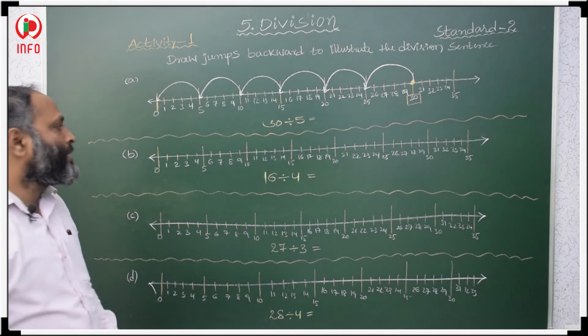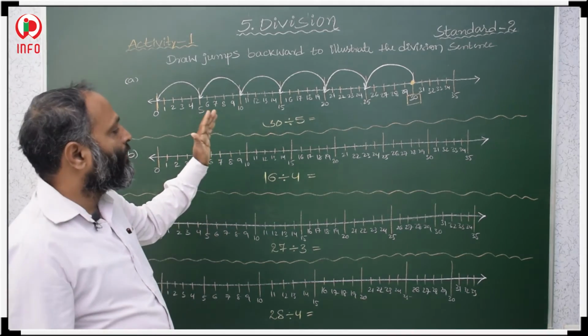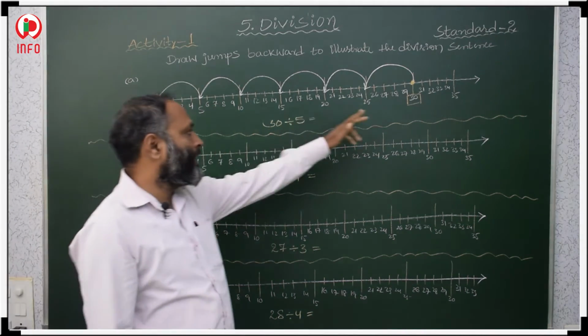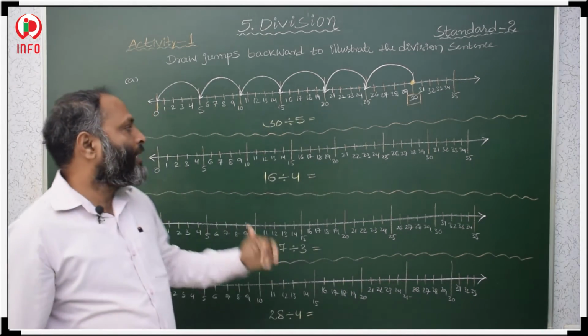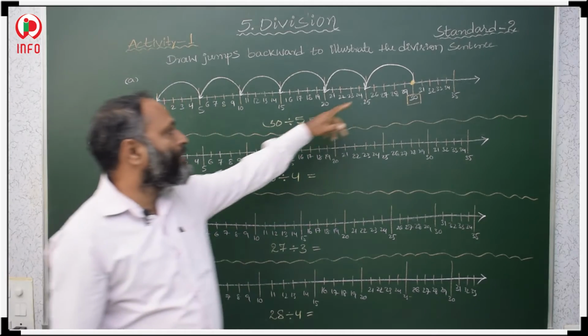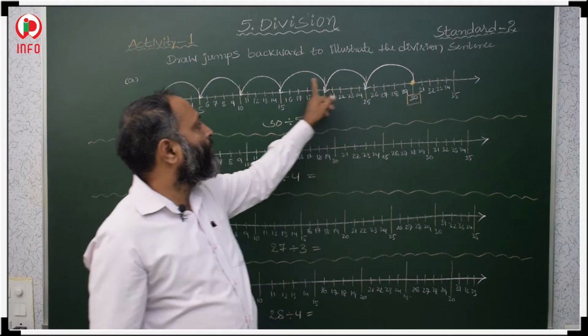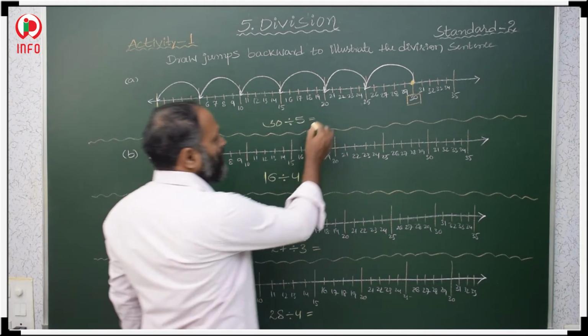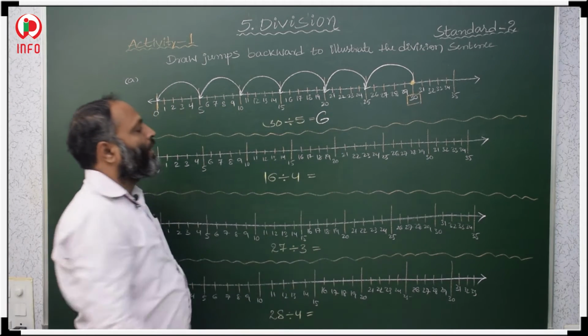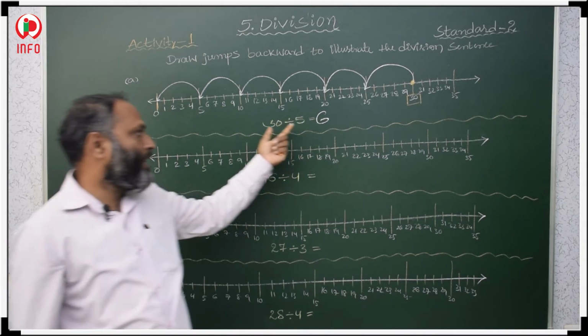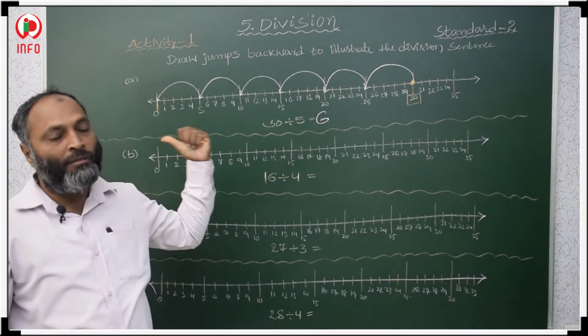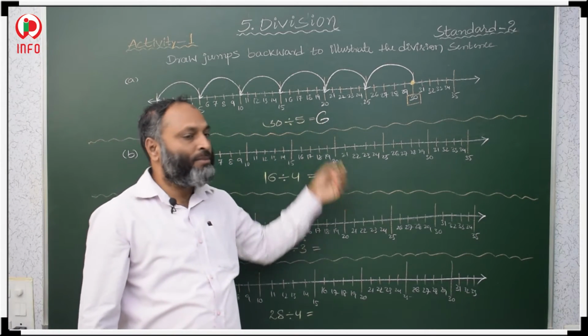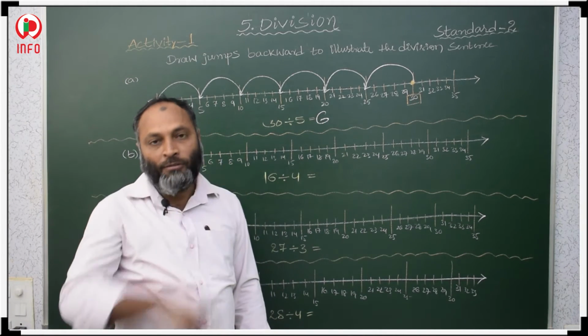Then how many jumps did we take? 1, 2, 3, 4, 5, 6. We need 6 jumps. If we go from 30 to 0 taking 5 steps back each time, we need 6 jumps.